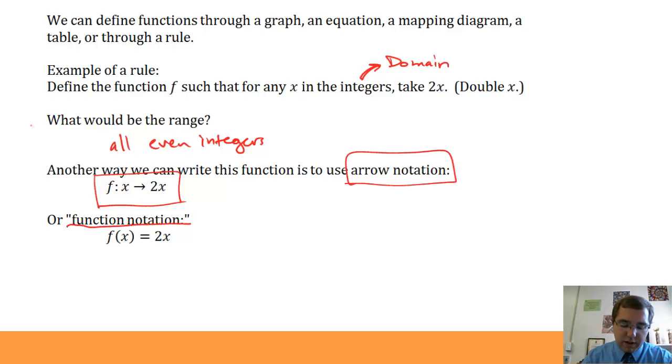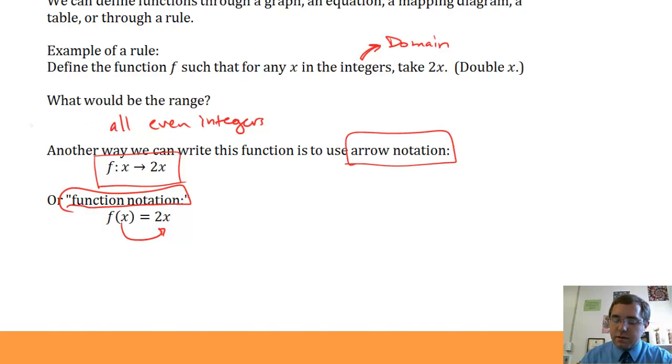Or we can use function notation, which says we have the function f with the variable x. It takes x to 2x. It takes what's inside the parentheses and it does to it what's on the other side of the equal sign. You'll see that notation throughout this course and in later courses.